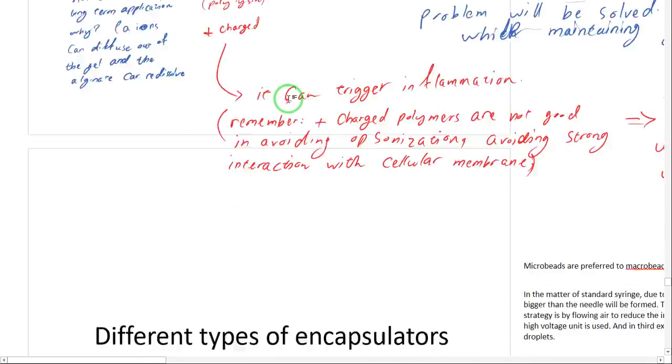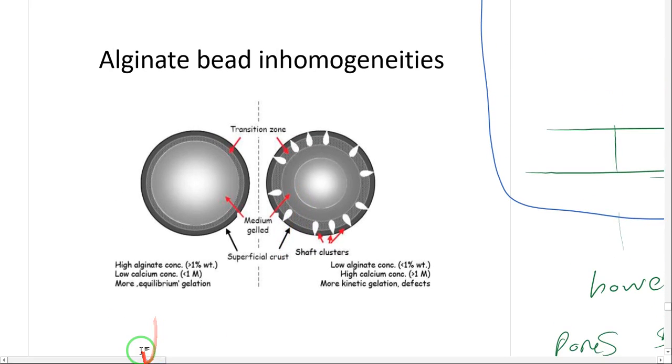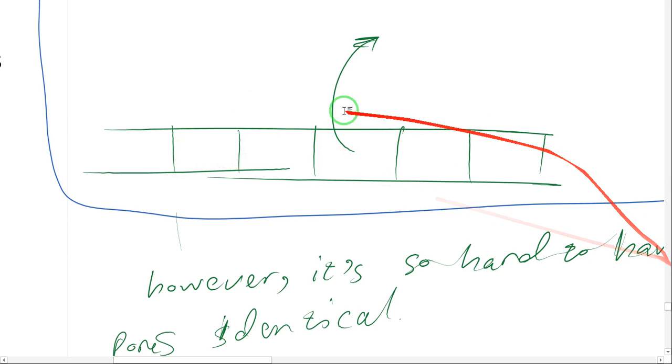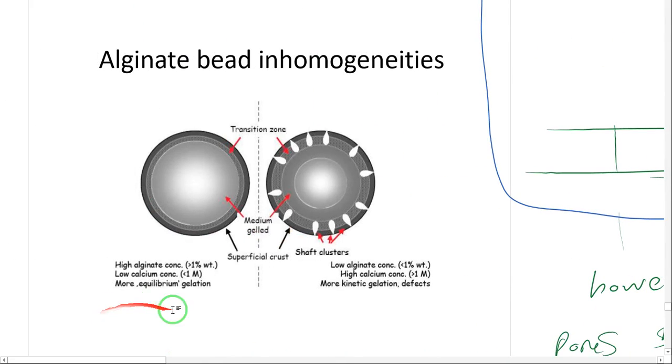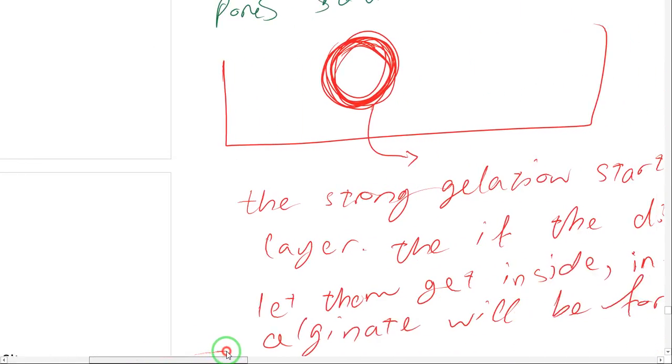So this semi-permeable matrix we expect to be homogeneous, to have pores with the same size everywhere, but this is not going to happen easily, although we would like it to happen. So we will finally end up with the formation of a gel with inhomogeneous pores, and the problem is with the mechanism in the formation of the gel.